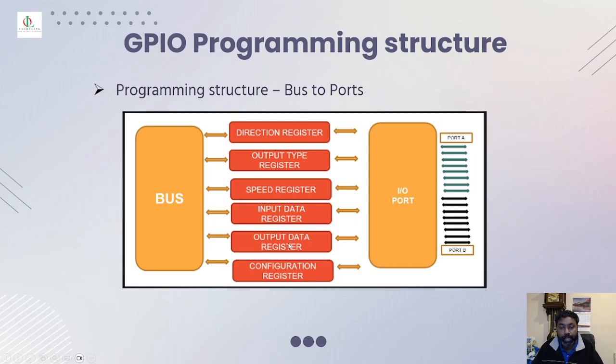And the output data register, ODR, is where you write to that pin, so it can be used as an output pin and you can see the value at the output. And there are configuration registers, which you will learn in the next few slides.